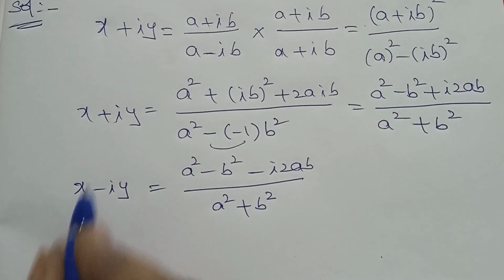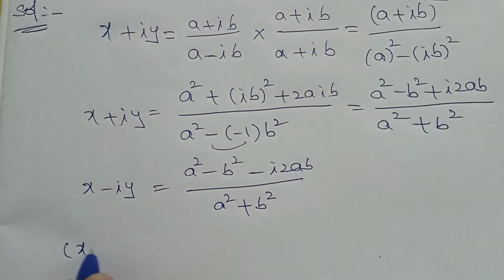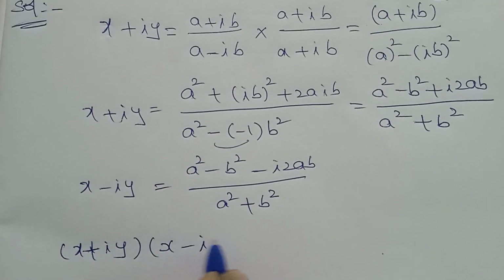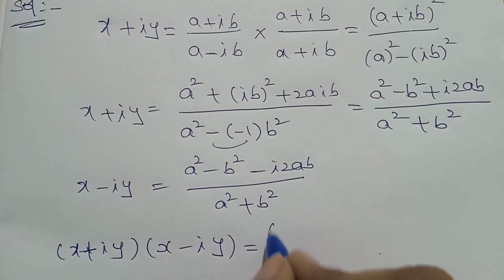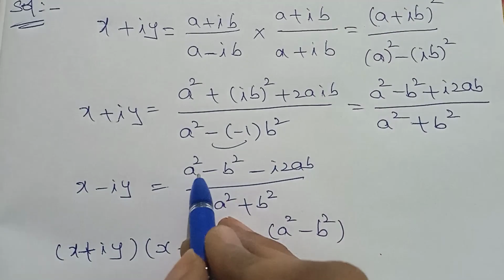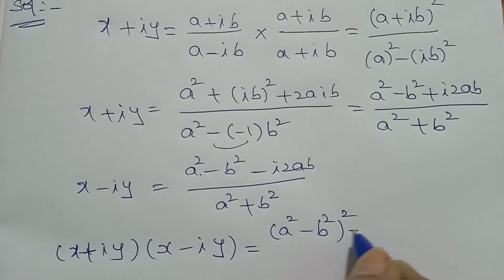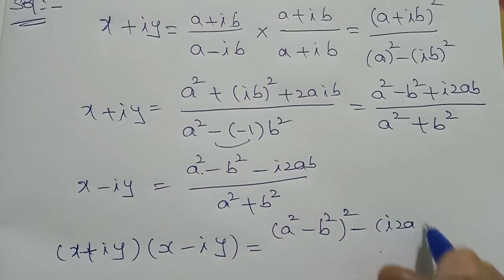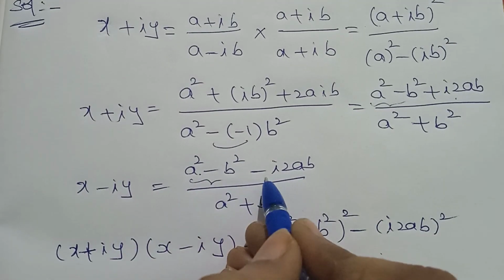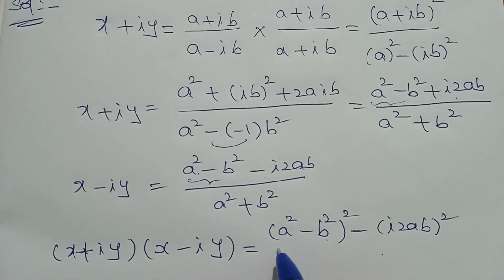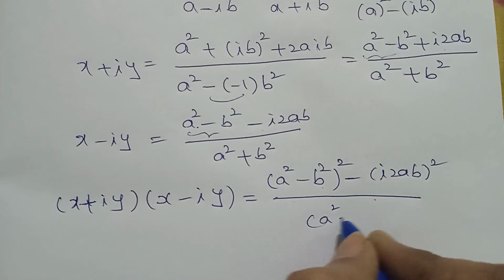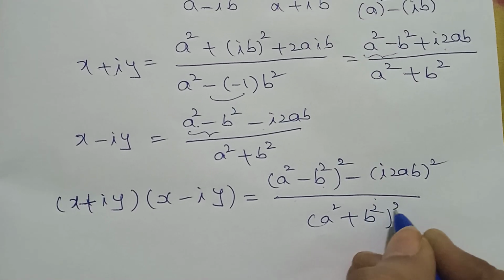So multiply the first equation and second equation, which is x plus iy into x minus iy, is equal to (a square minus b square) whole square minus (i2ab) whole square, by (a square plus b square) whole square.